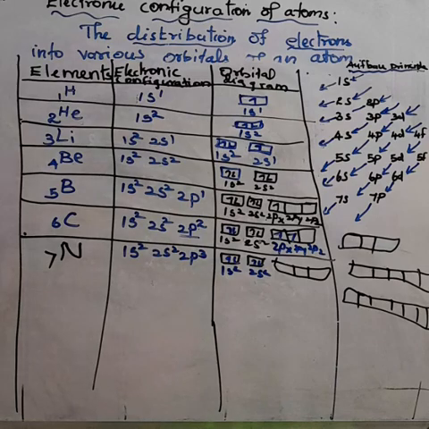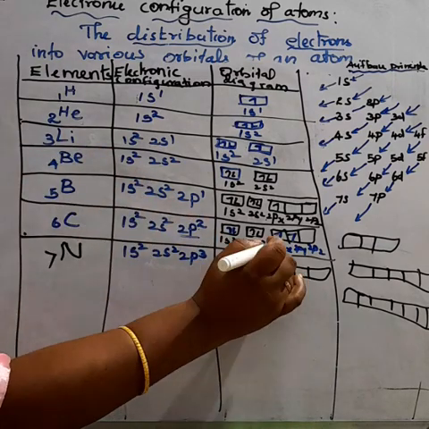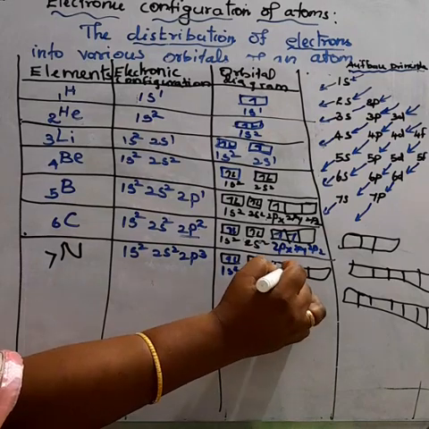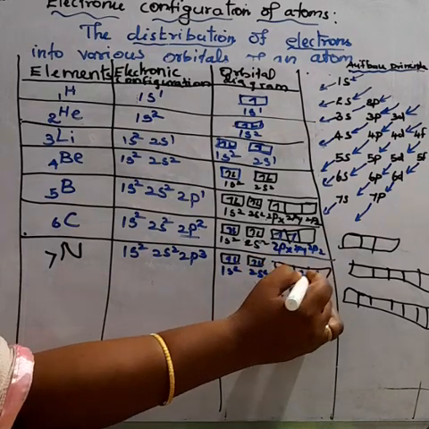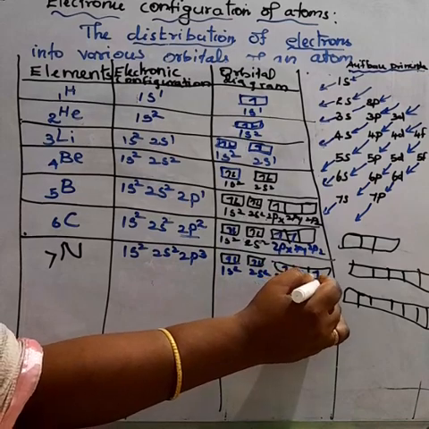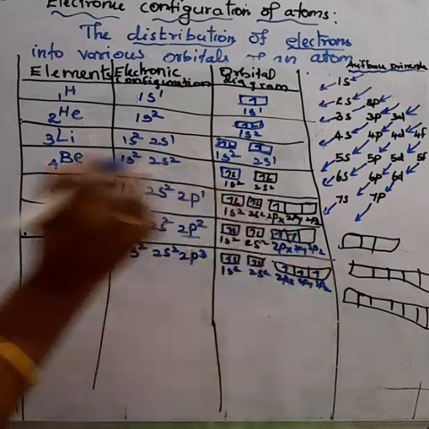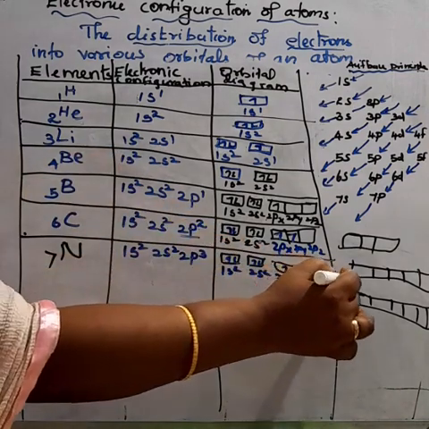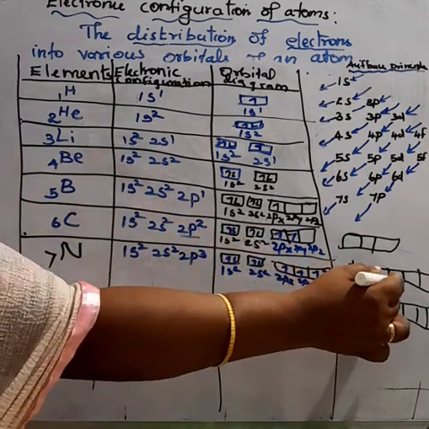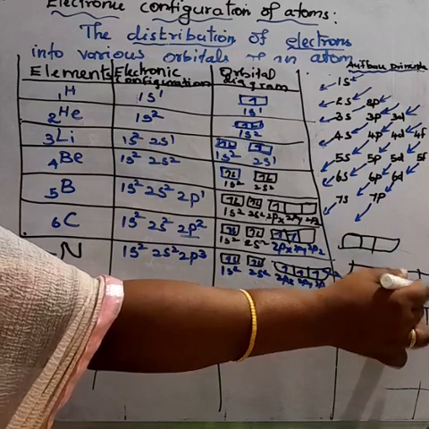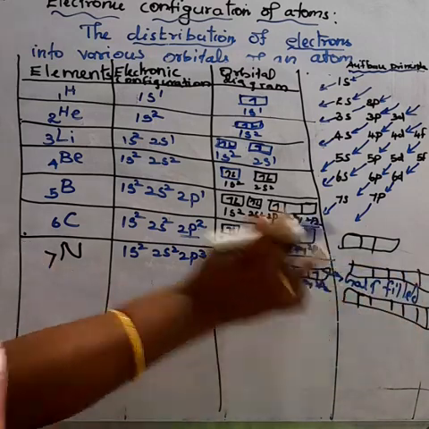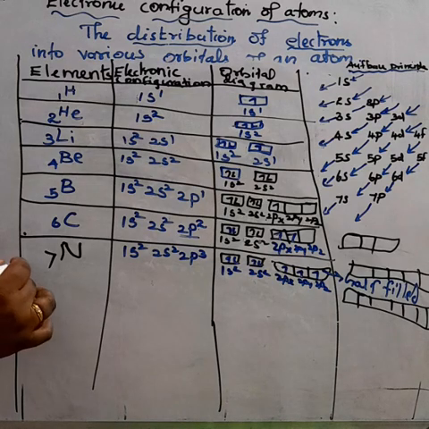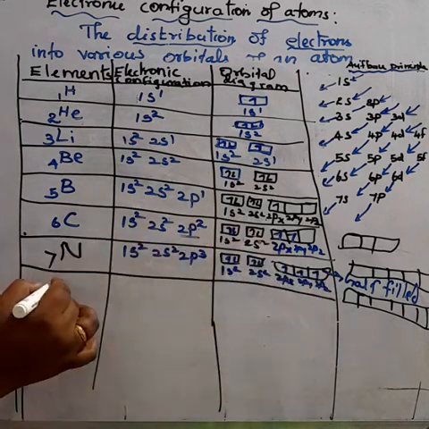How will you fill the electrons in the p orbital? First we should fill singly. This is a half-filled orbital. Half-filled means all the p orbitals have 1 electron. Understood?